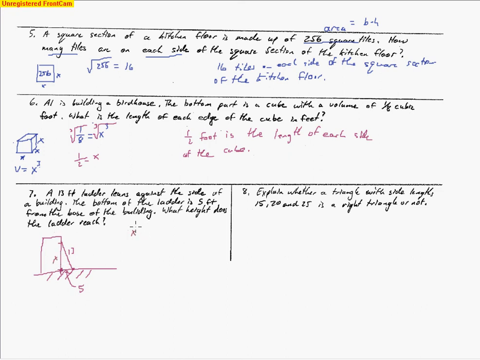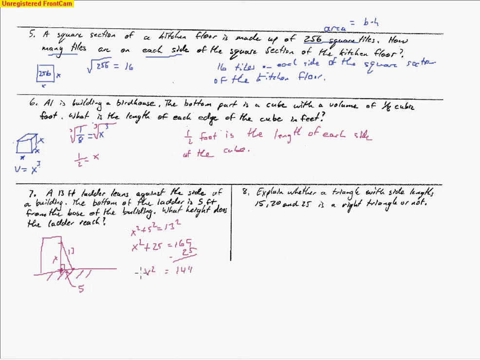So we do this. x squared plus 5 squared equals 13 squared. The reason it's that way is the right angle is right here. Two sides connected by the right angle get squared and then added together. And so we have x squared plus 25 equals 169. And then I have to subtract the 25 from both sides. And I end up with 144 equals x squared.